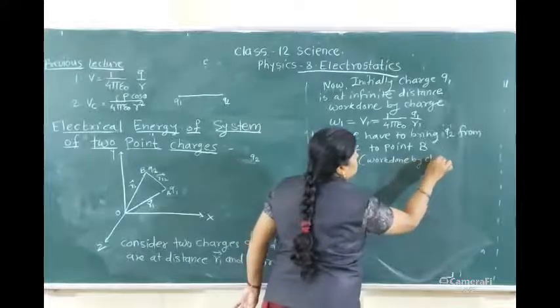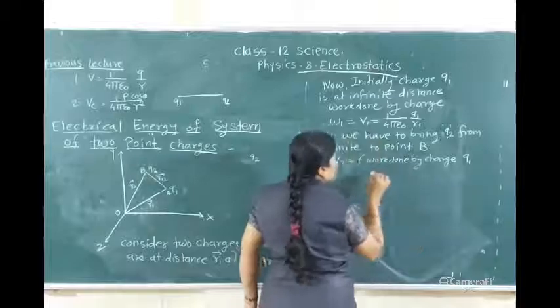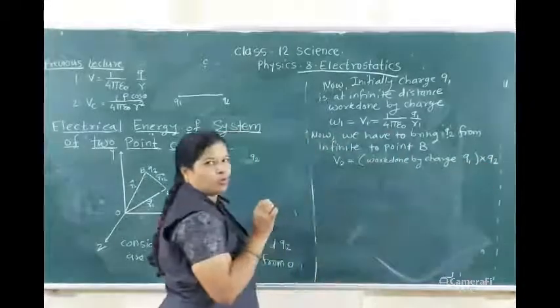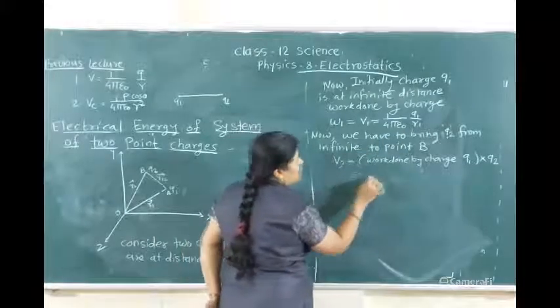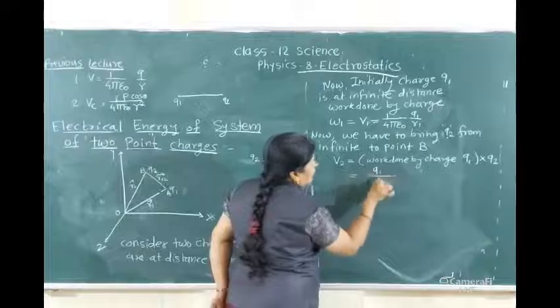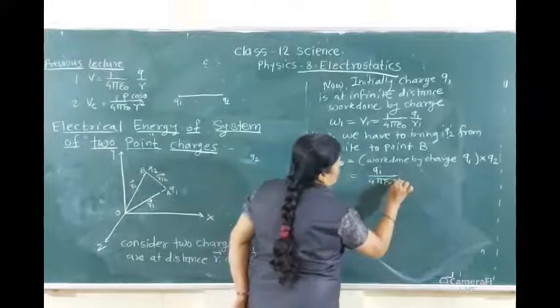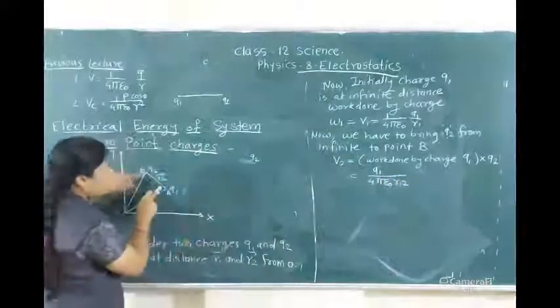The work done by the charge Q1 multiplied by charge Q2. So the work done by charge Q1, that means V1, Q2, is Q1 divided by 4 pi epsilon 0 R12.